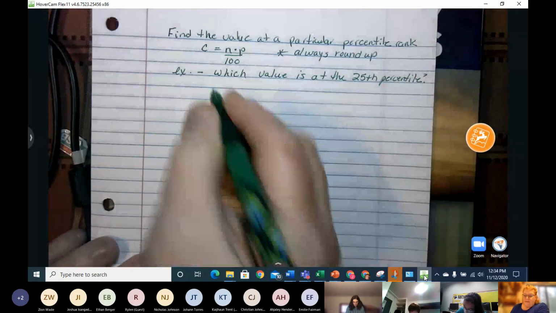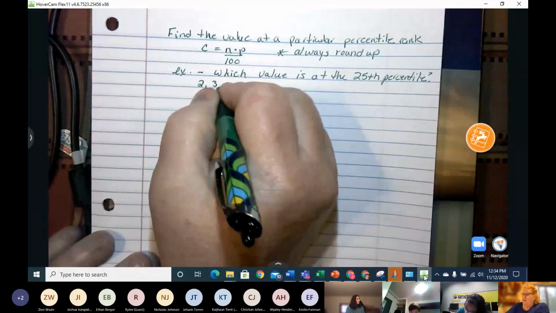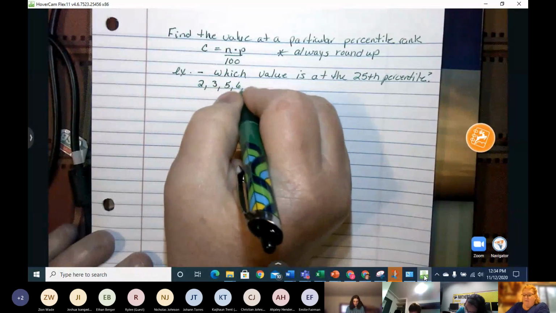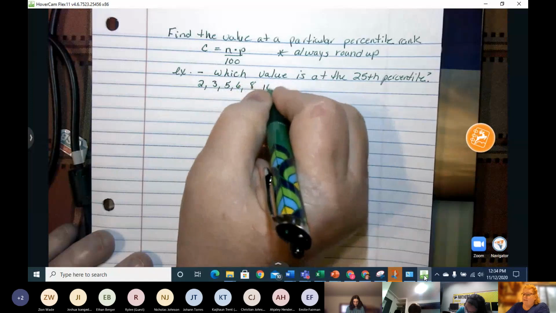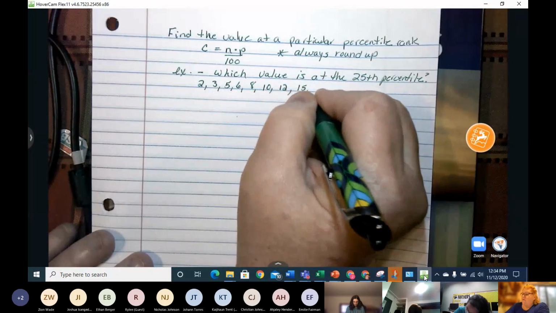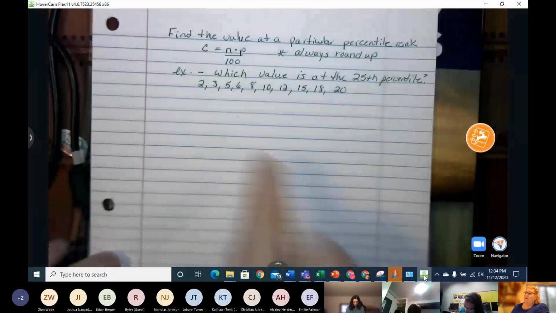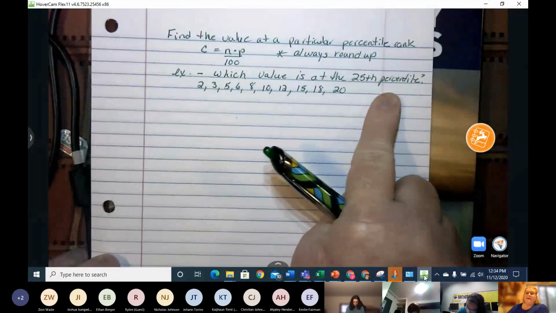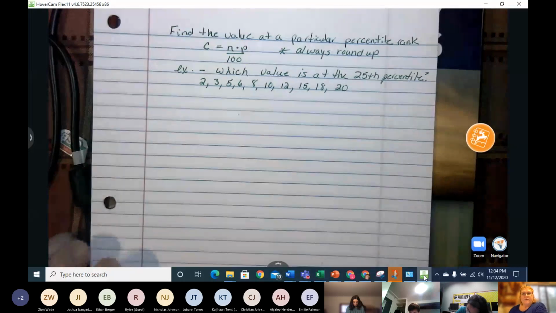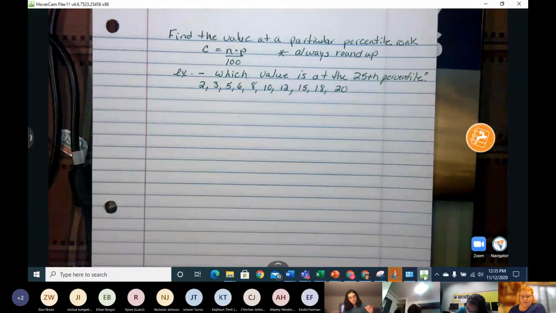So using our same set of data, 2, 3, 5, 6, 8, 10, 12, 15, 18, and 20, we want to find which value is at the 25th percentile. Which quiz score is at the 25th percentile?